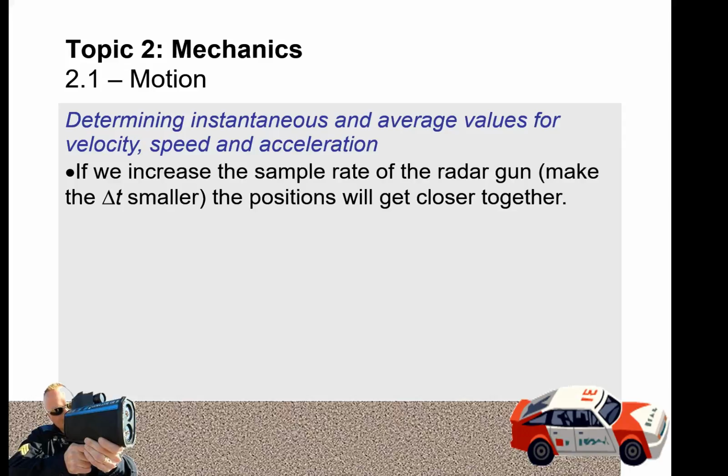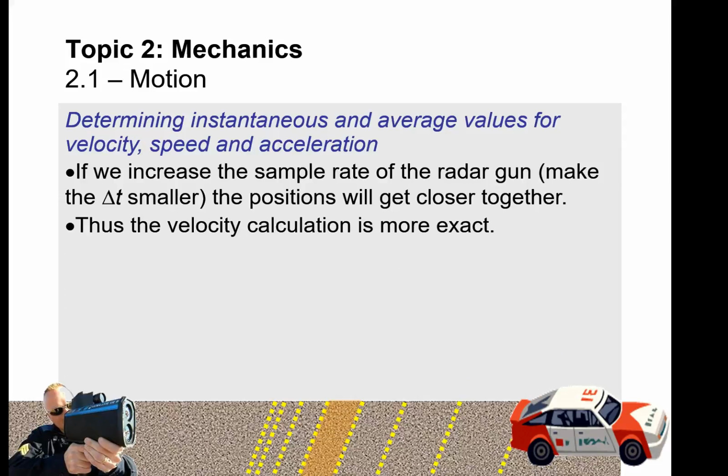But if we increase the sample rate of the radar gun, which basically means making the time interval a little bit smaller, the average velocity on this interval is closer to the actual velocity of the car.